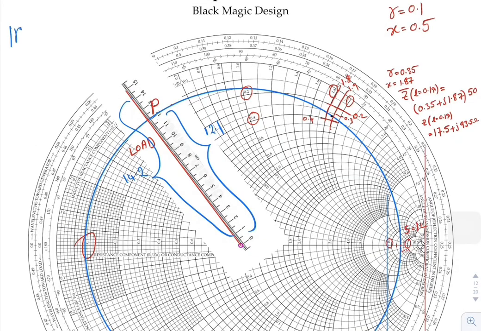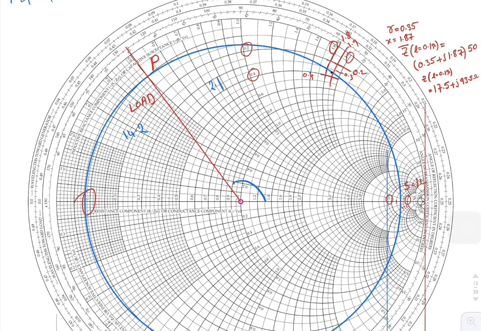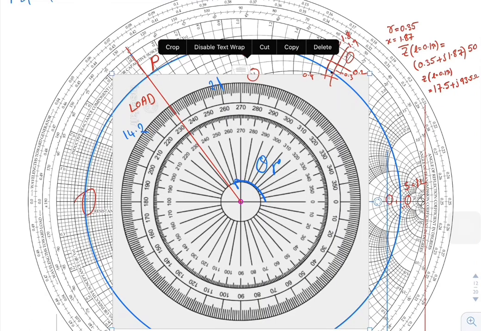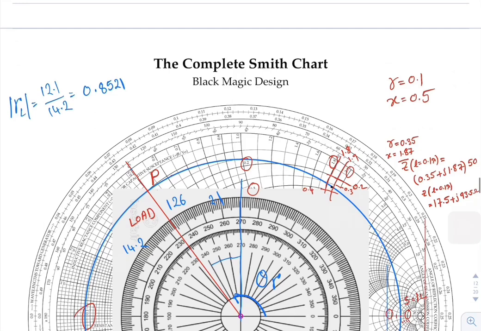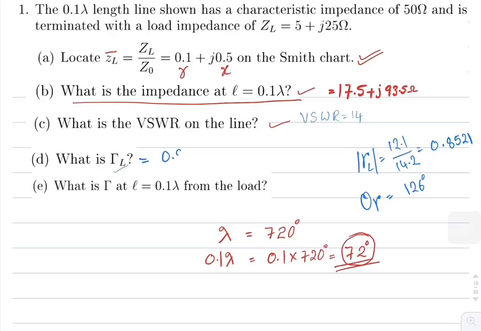Therefore, magnitude of reflection coefficient at load is equal to 12.1 divided by 14.2, that is equal to 0.8521, and the phase of reflection coefficient is this angle, that is theta suffix gamma, and this angle is 126. Therefore, theta suffix gamma equal to 126 degrees. Reflection coefficient equal to 0.8521 angle 126 degrees.